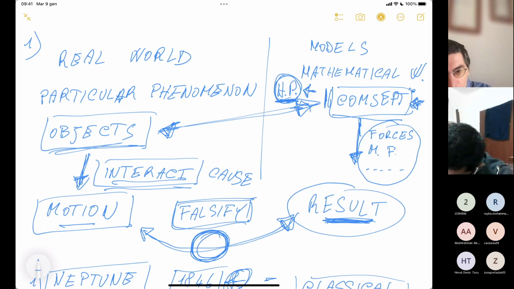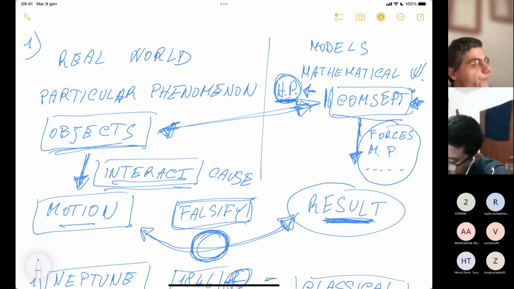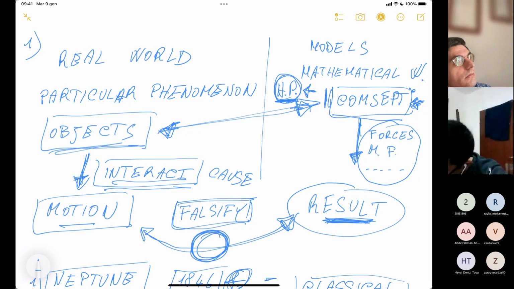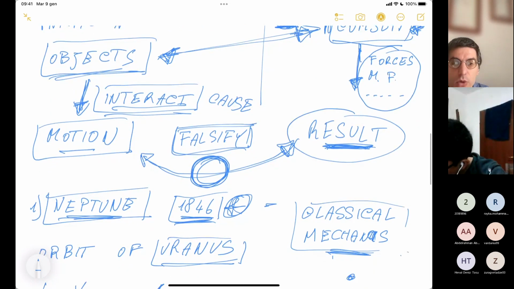So in this case, we have to change the hypotheses that are the base of our model. So you see, when we reach this situation, in some case, as in the case of Mercury, this is what happened.